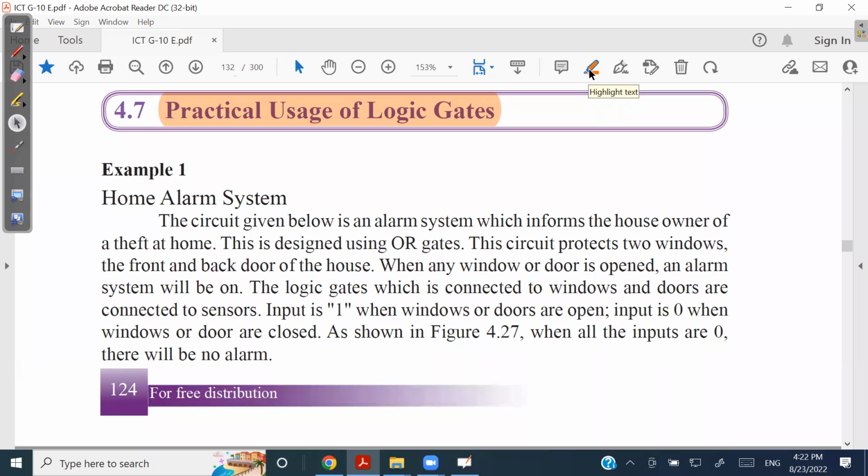Put a star or a point and say, let's consider the following scenario in creation of logic circuit using basic logic gates.